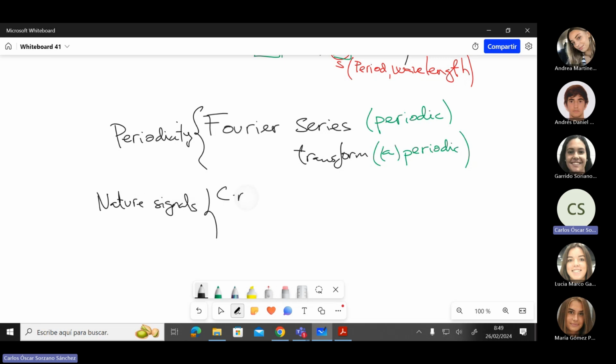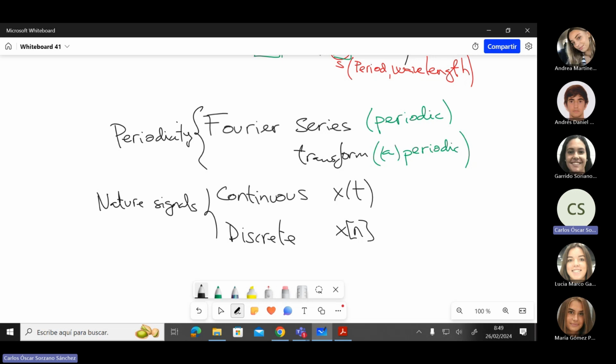We have seen continuous signals, x(t), and you have also seen discrete signals, like x[n]. Depending on the combination that you use, you have the discrete Fourier series, the discrete Fourier transform, the continuous Fourier series, the continuous Fourier transform. Sometimes we will illustrate things with the continuous Fourier transform, which is simpler to show. But the same concepts apply to all the combinations.